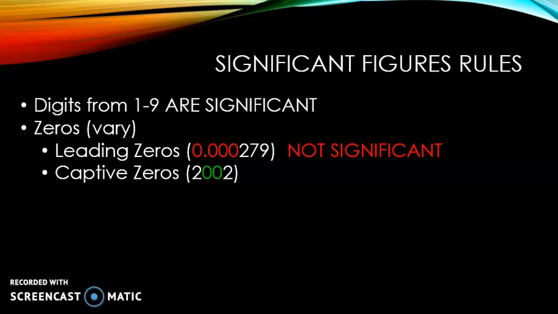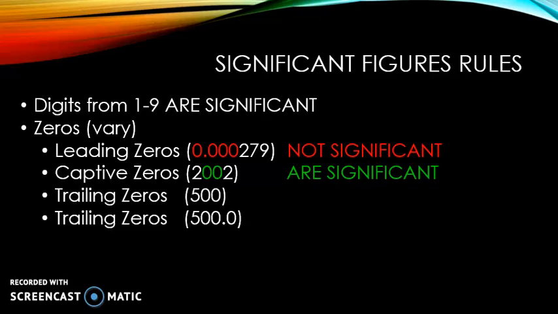What do you think the odds are that we actually meant to measure a 0 in the 100s place and a 0 in the tens place? I'd say pretty good. So these are zeros that would indicate we actually measured them and therefore are considered to be significant. So captive zeros are numbers between 2 non-zero digits and are considered to be significant.